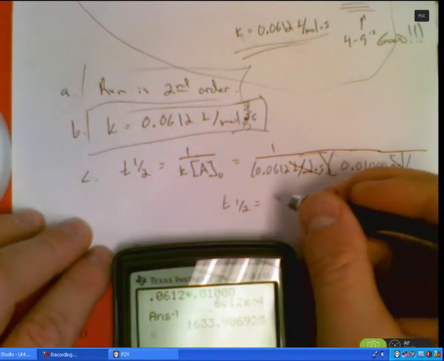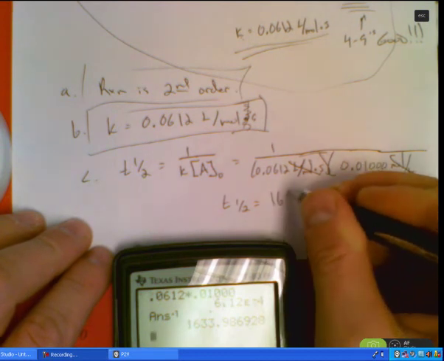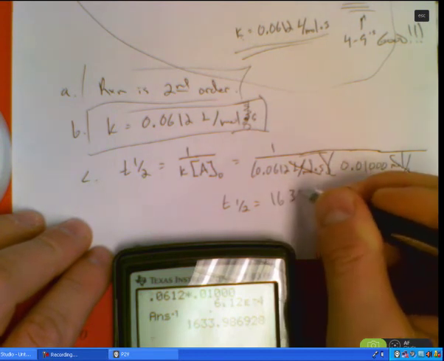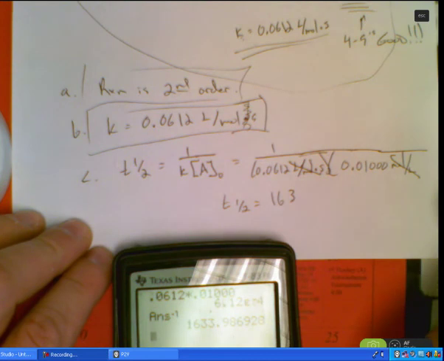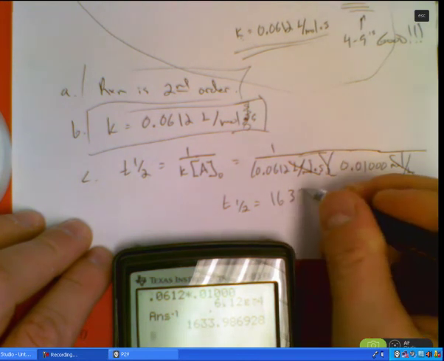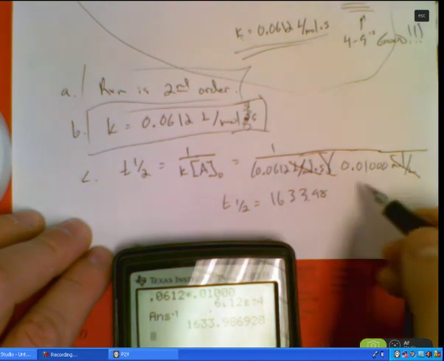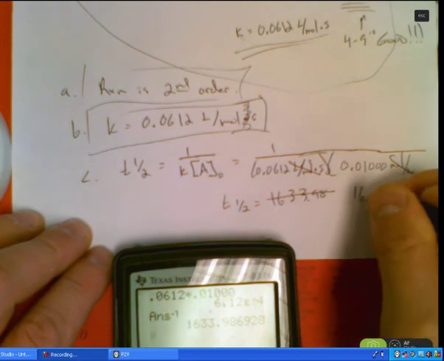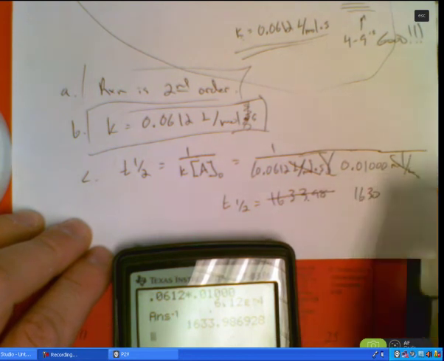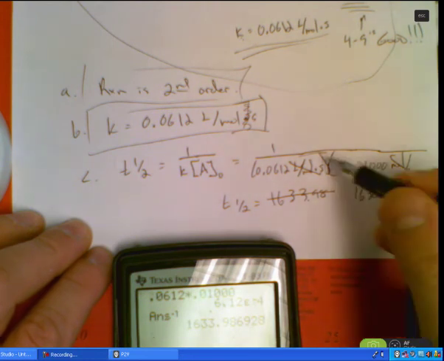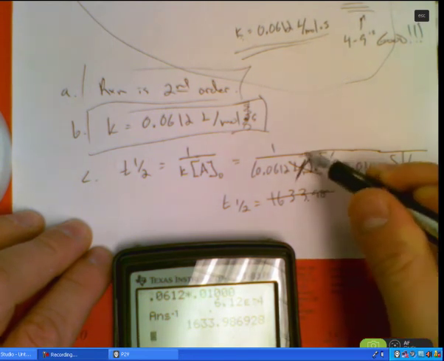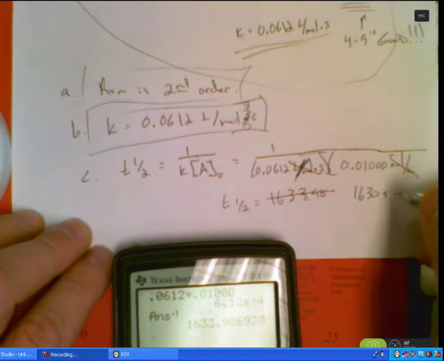Half-life is 1633.9892. Looks like 3 sig figs, so our half-life is 1630. Okay, 1630. Oh, it's per second. So seconds equals T sub 1/2.